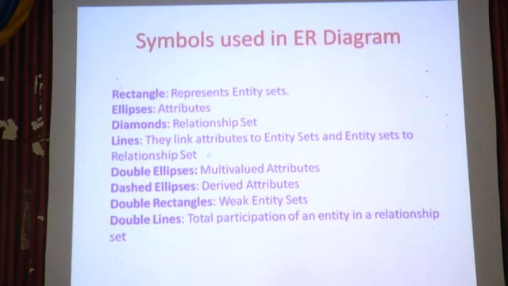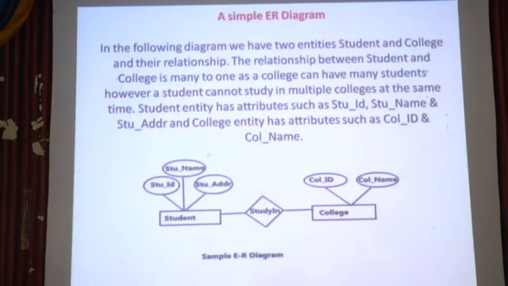Let us see with an example. These symbols used in ER diagram, let me explain through examples. So this is a simple ER diagram. This diagram shows that there are two entities. Student is one entity set and another entity is college, and their relationship is study in.